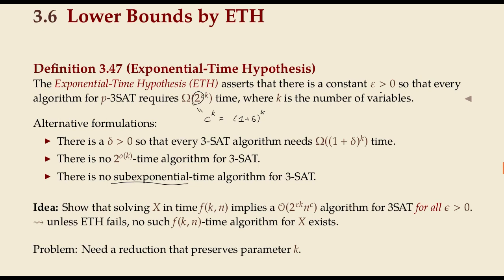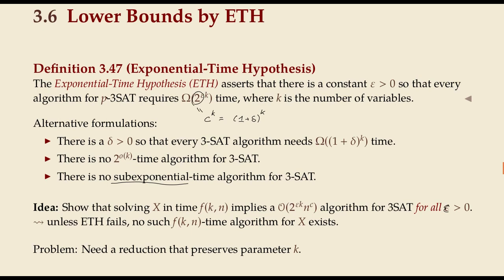Okay, how we're going to use this: assume we want to discuss a problem x. If we can show that an algorithm for x that has some time that depends on a parameter k of x and the size of x implies an algorithm for 3-SAT for all epsilon, so we want to have this kind of running time, but for all epsilon, so we have to show a whole family of algorithms. That's just the negation of this, right?